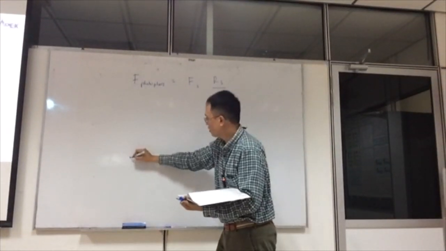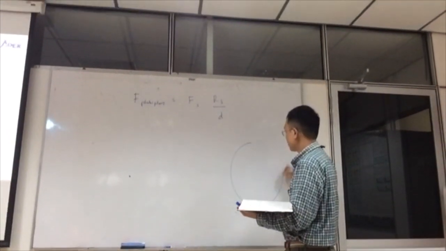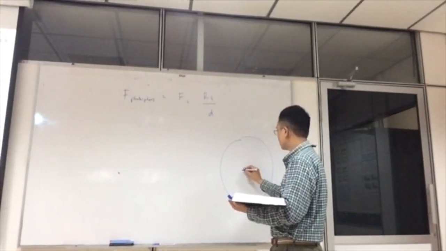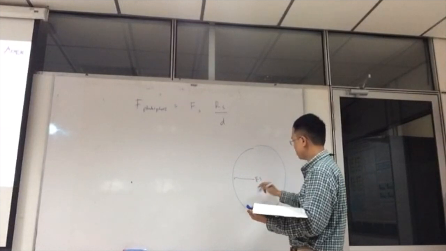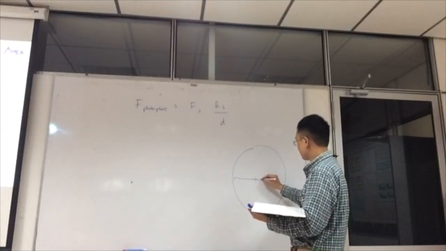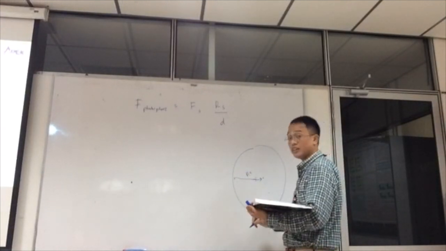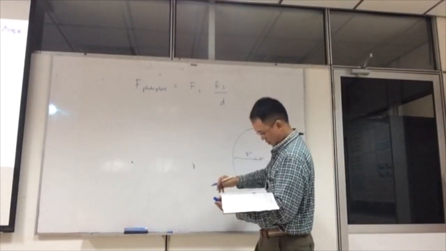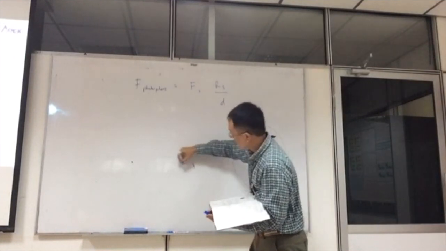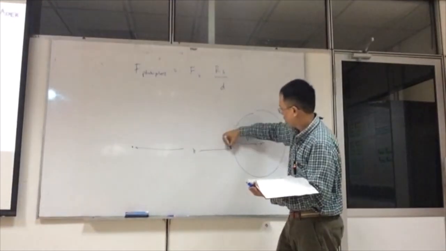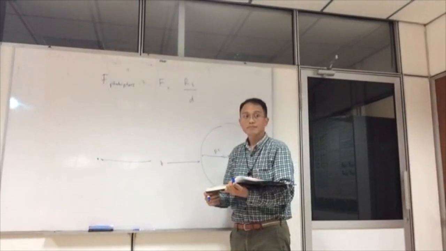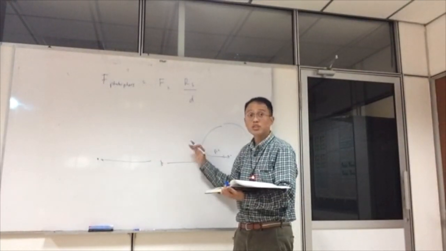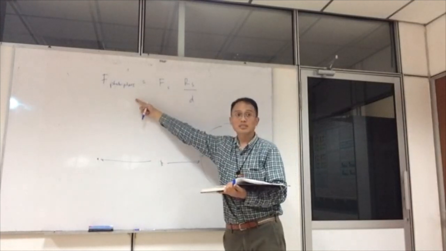So let's say this is Earth and this is the radius of the photosphere, up to this point, Rs, and then the distance. So this radius divided by the distance gives us the ratio that relates Fs to this.